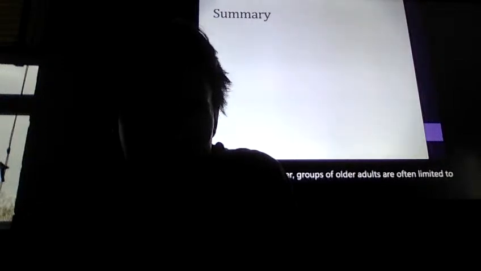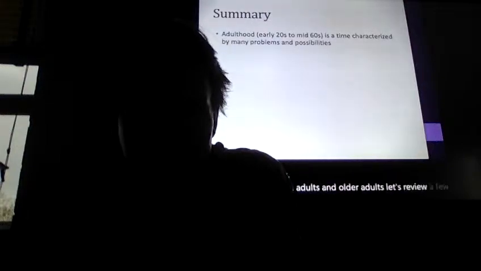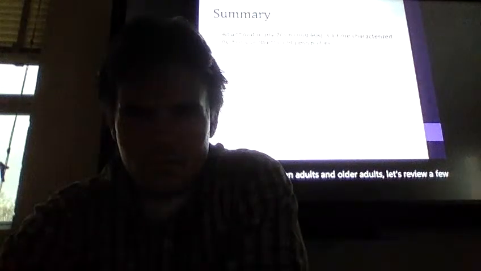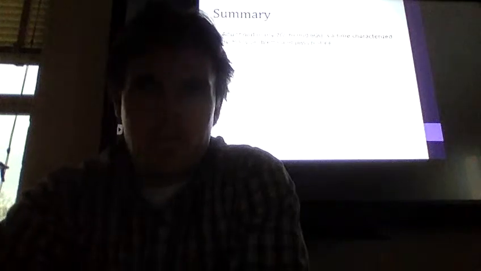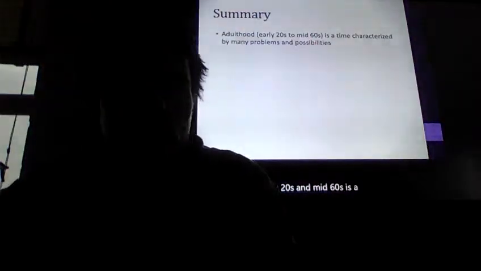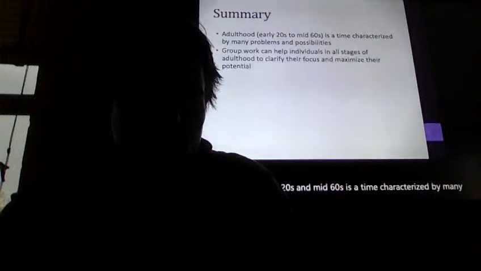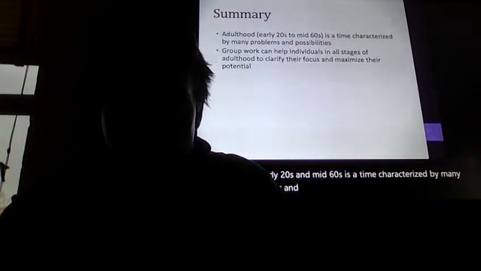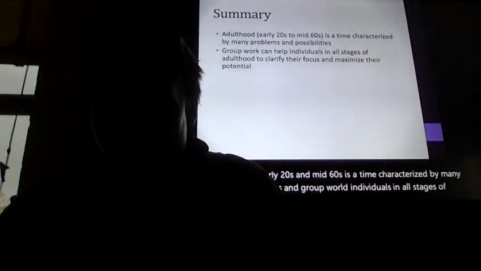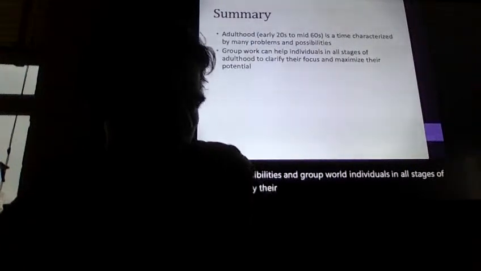As we wrap up our lecture on adults and older adults, let's review a few important points. Adulthood between early 20s and mid-60s is a time characterized by many problems and possibilities, and group work helps individuals in all stages of adulthood to clarify their focus and maximize their potential.